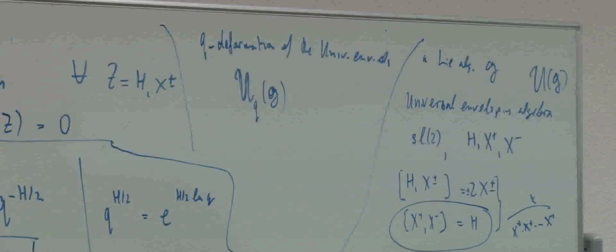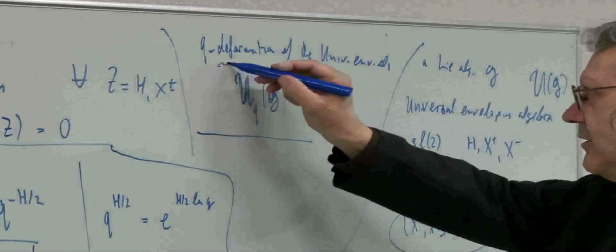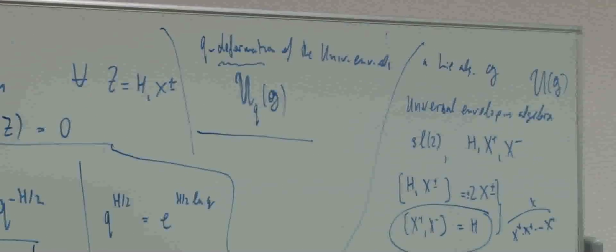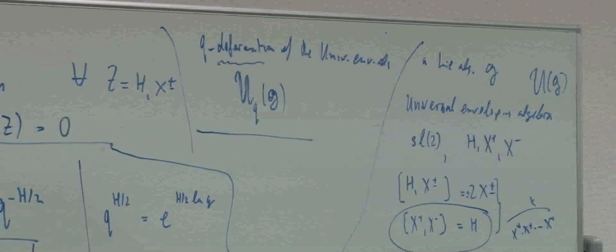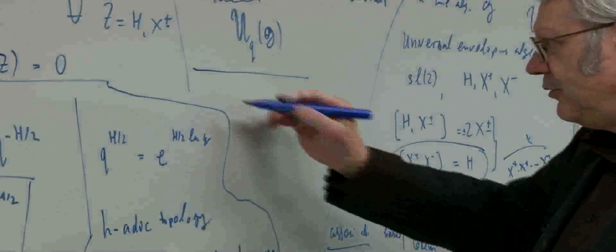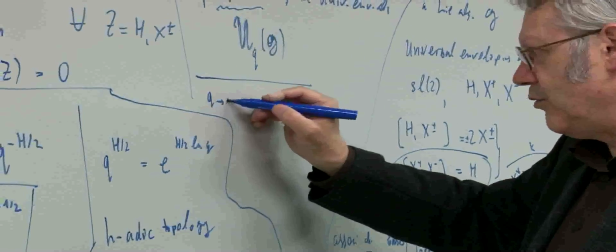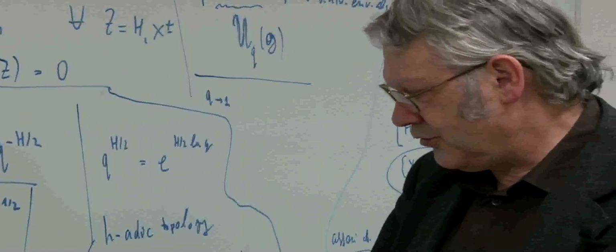Now, why is this called deformation? The word deformation wants to tell you that in effect the two things are related. And indeed, suppose that Q goes to 1, or look here, suppose that h goes to 0.